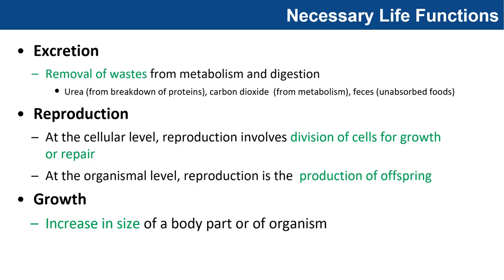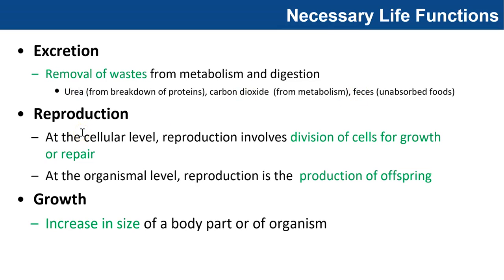The respiratory system disposes of carbon dioxide as the result of metabolism. So in this way, our urinary system, our respiratory system, our digestive system, and integumentary system are all involved in this function, removal of waste, which can be urea, carbon dioxide, feces, or even the waste product from our sweat.